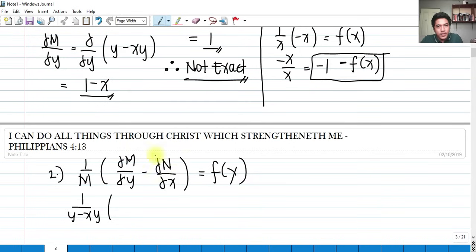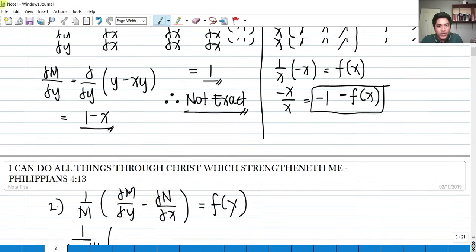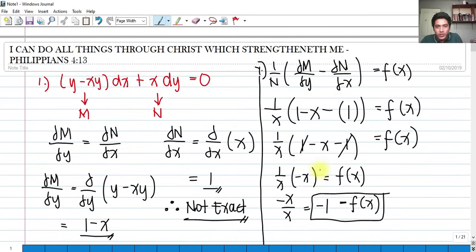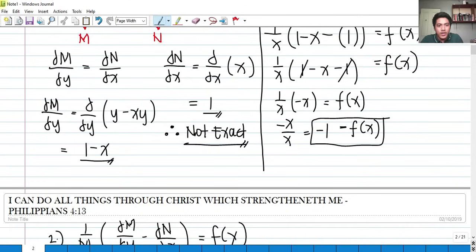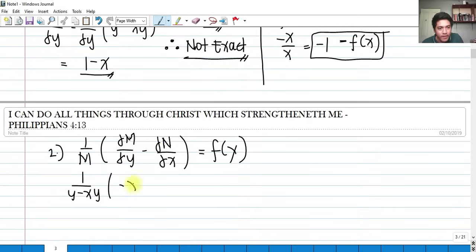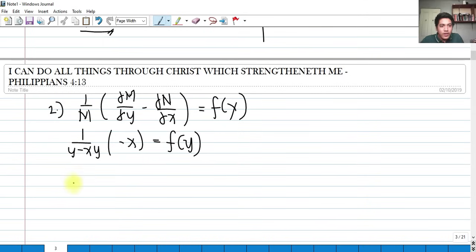The result is negative x, the partial of M with respect to y minus the partial of N with respect to x. We have seen this. So this should be negative x, equal to f of y. If we simplify this, f of y is now equal to negative x over y minus xy.